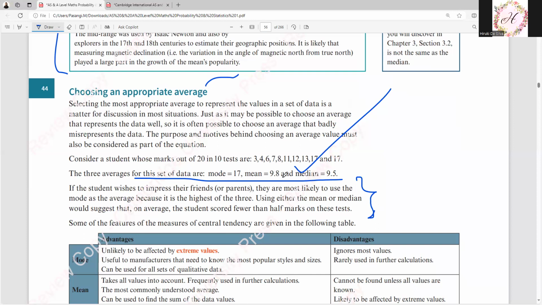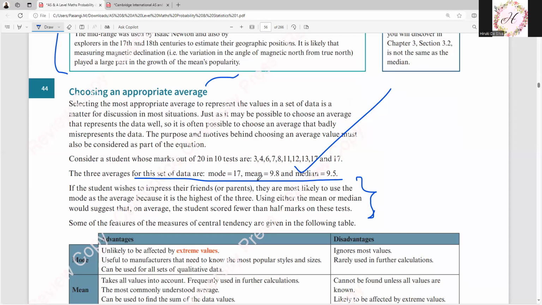That representation comes in comparing the mean and the median value, because the median value is 9.5, which is less than half, and the mean value is 9.8.